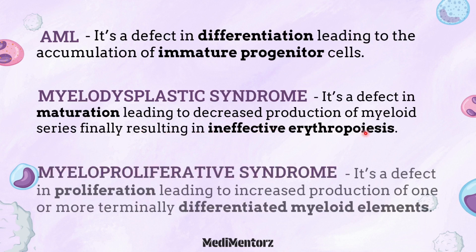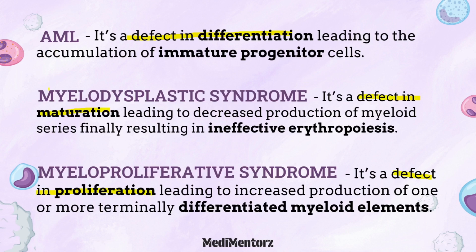And the third, myeloproliferative syndrome, is a defect in proliferation which leads to an increased production of one or more terminally differentiated myeloid elements. So AML is a defect in differentiation, the myelodysplastic syndrome is a defect in maturation, and the myeloproliferative syndrome is a defect in proliferation.